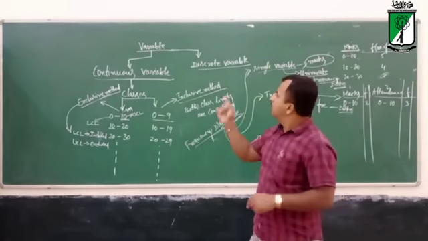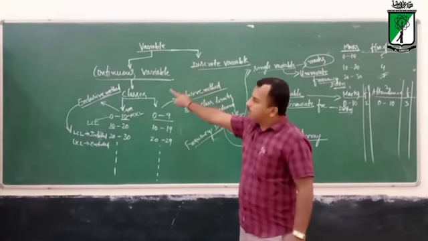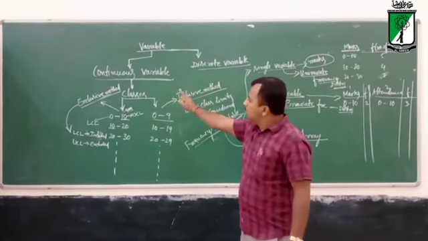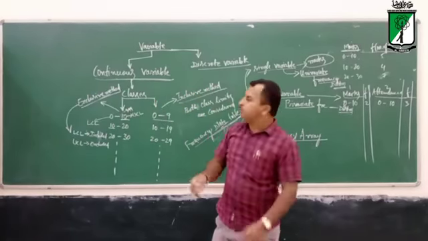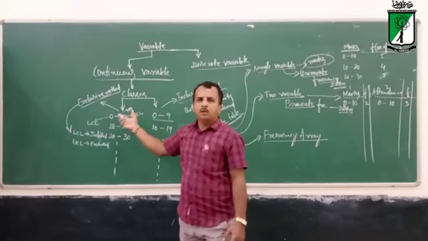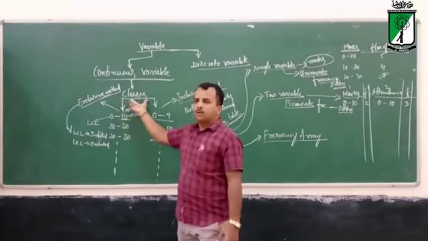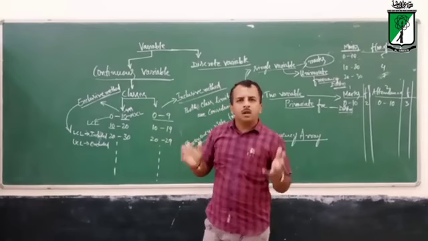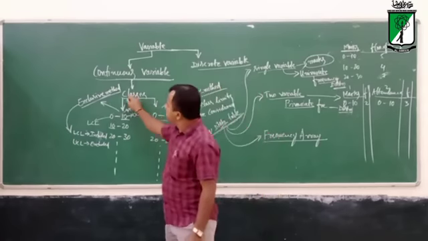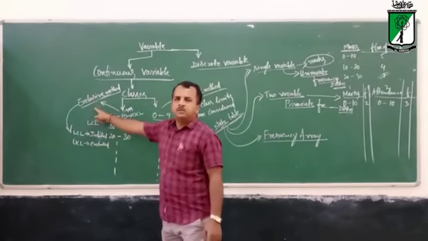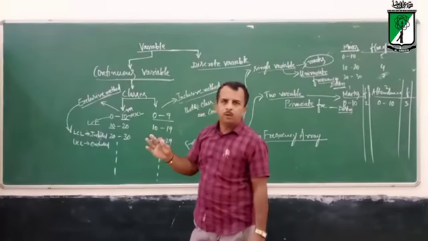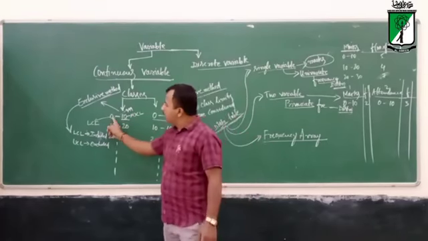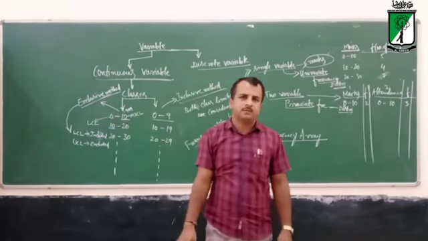Are you understanding? In the continuous variable, I explained till now that you will find any value falling in particular classes. When we talk about classes, there are two methods. One is called the exclusive method, where the upper class limit is excluded, that means only the lower class limit is included in the class.